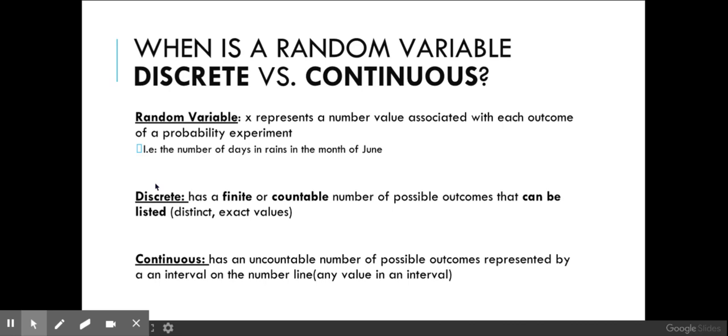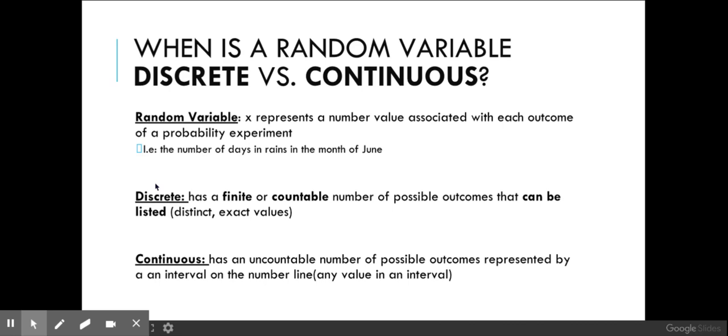A continuous random variable has an uncountable number of possible outcomes represented by an interval on the number line. So uncountable means we're including decimals and fractions in our answer. If you think about how long something takes, it wouldn't just take 1 minute, 2 minutes, 3 minutes, it could take 3 minutes and 45 seconds. If you think of how much someone weighs, it might not be an exact counting number.